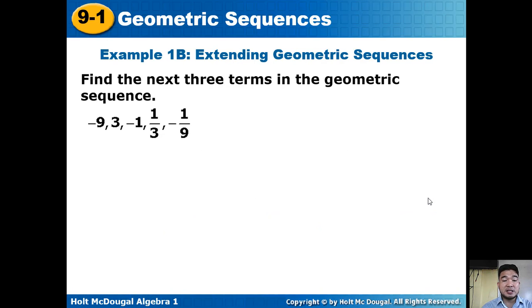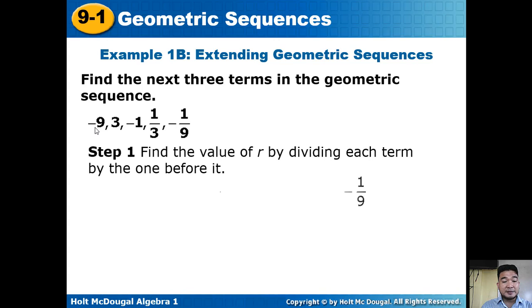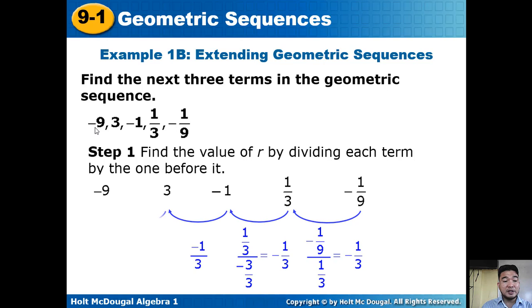Example 1b. Extending geometric sequences. Again, find the next three terms in the geometric sequence. What is the first step? The first step is to identify the common ratio by dividing two consecutive terms. So in this case, we have 3 divided by negative 9, which is equal to negative 1/3.